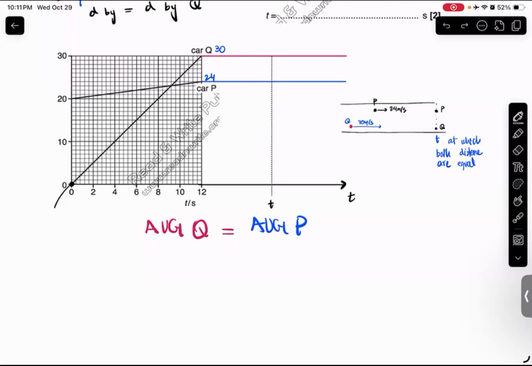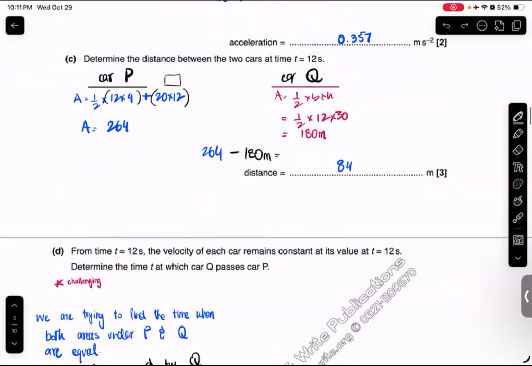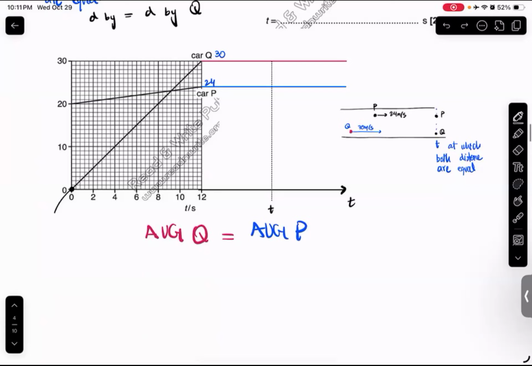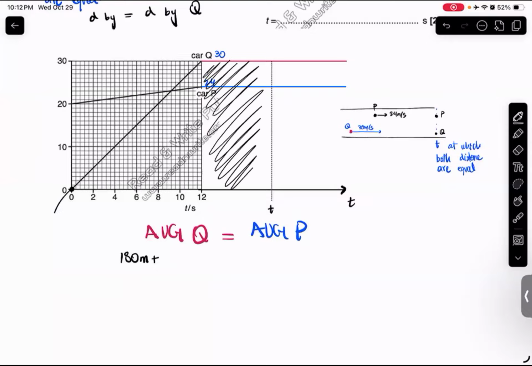Up till this point. So up till 12 seconds, the area under the graph was what? We literally calculated that earlier. That was 180 meters. 180 meters. Okay. But what about the next part of the journey, right? For car Q, you also had this extra distance traveled, right? But we don't know what the dimensions of this are. Okay.